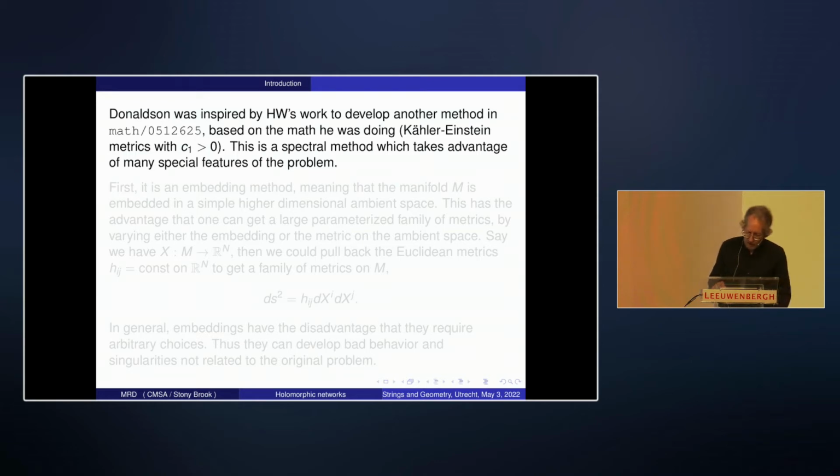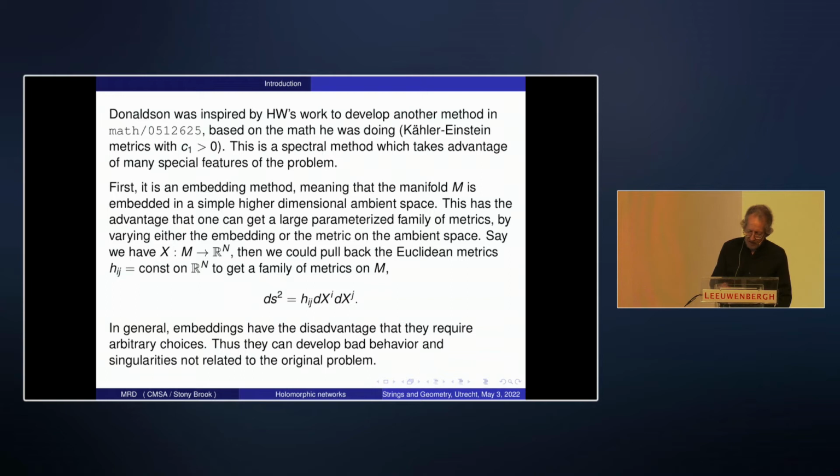Okay, so then there was this work of Simon Donaldson, who was using these techniques to do related but different problems. In fact, to study this question, later solved, of when do manifolds of positive first Chern class admit Kähler-Einstein metrics. And this is the method that a lot of work uses.